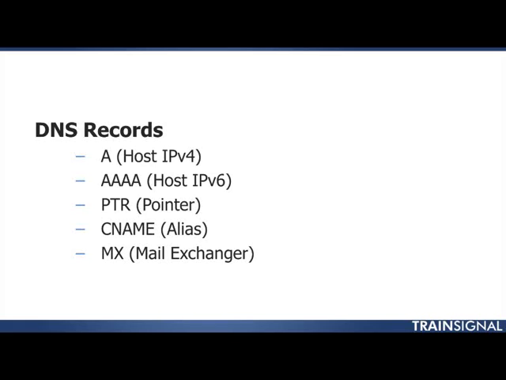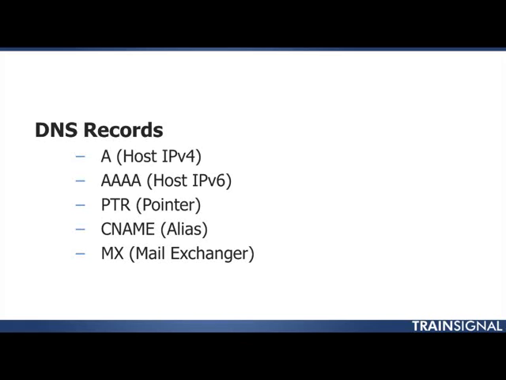So just to quickly review, the A or AAAA record is the host record, a nice simple name to IP address. Whereas the PTR or the pointer record is the reverse, and by the way, it's known as the reverse lookup record. I don't think I said that before. That pointer record is reverse lookup: it's now IP address to name resolution.